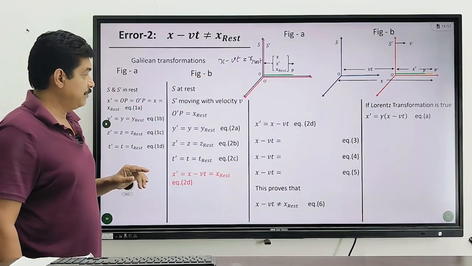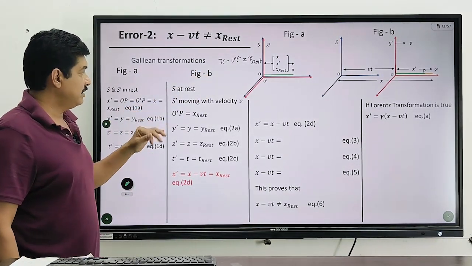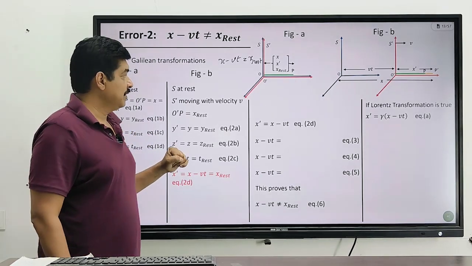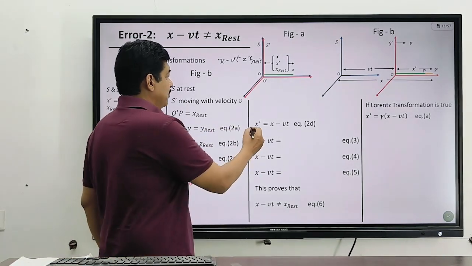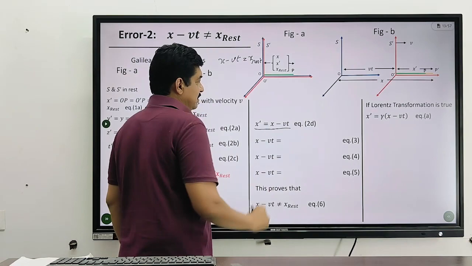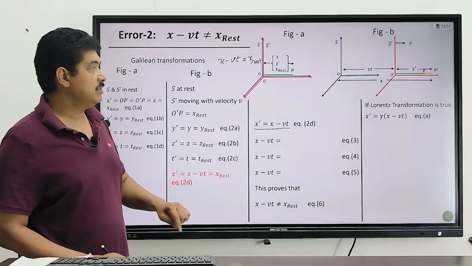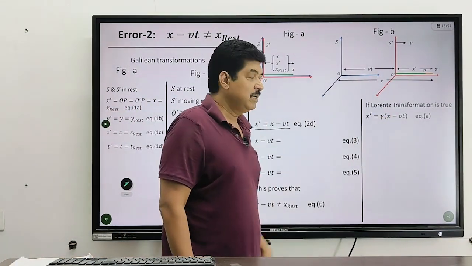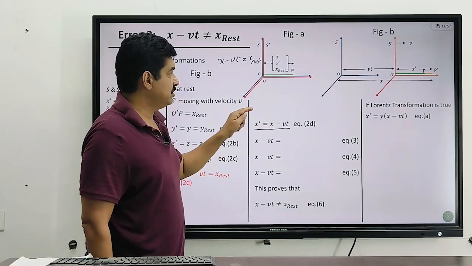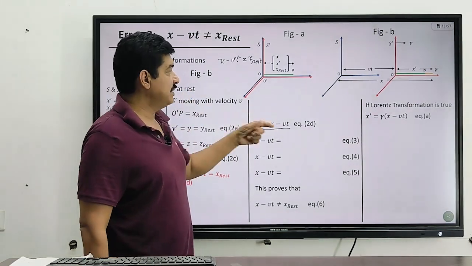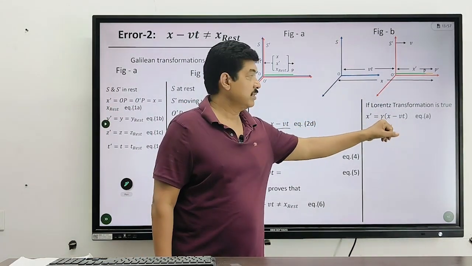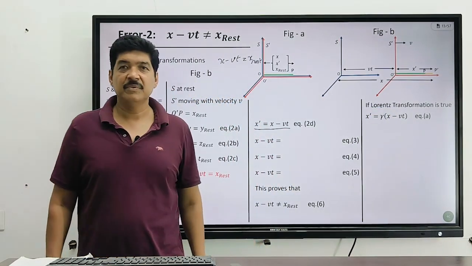This I have proved in the last video. Let us see this in short. The equation of the Galilean transformation is given by this. This equation is used in the Lorentz transformation. So once this equation is wrong in the Galilean transformation, then this equation is also wrong in the Lorentz transformation.